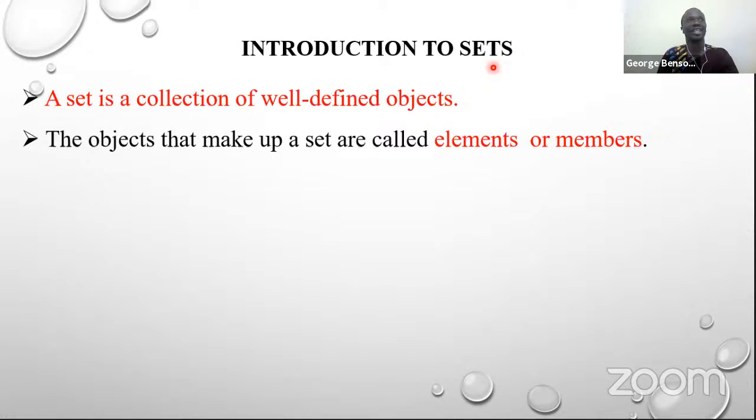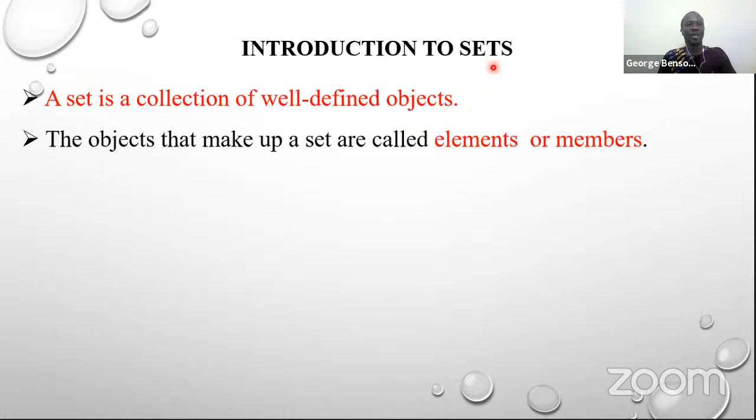If I say a set of tables in a class, say class A, then that becomes my set. So any group or collection of objects that is well defined, that we can determine who is a member and who is not a member, is termed a set.